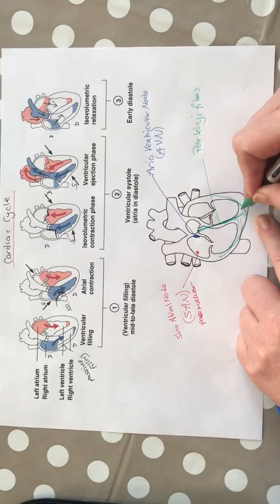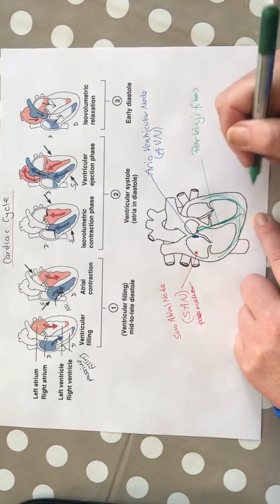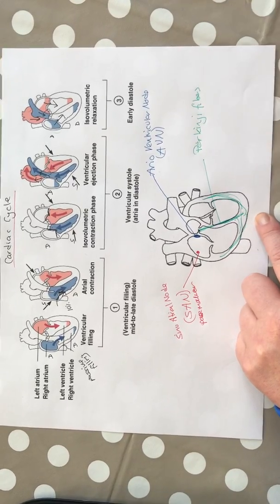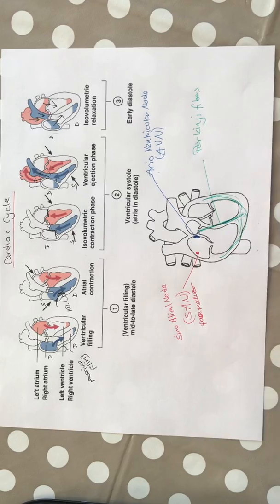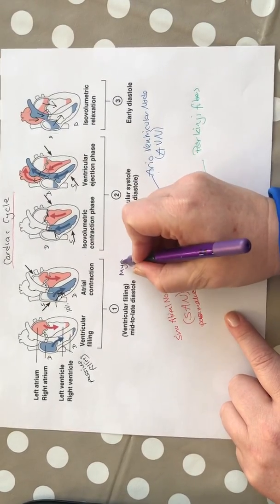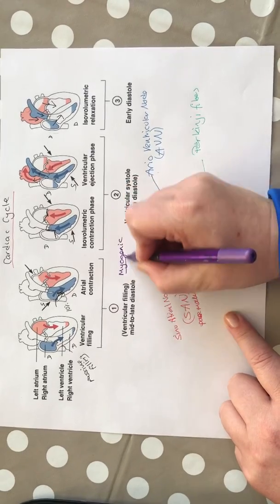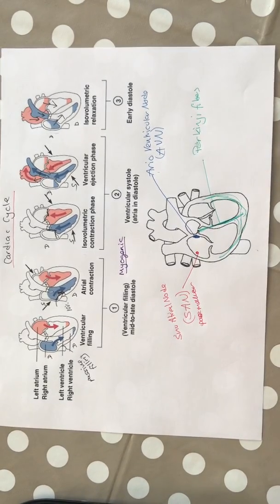As you can see, I've done a sketchy drawing of them because they are fibres, part muscle, part nerve. And the heart itself is myogenic, a term I did mention to you before. Myogenic means that they have the ability to contract without external stimulus.